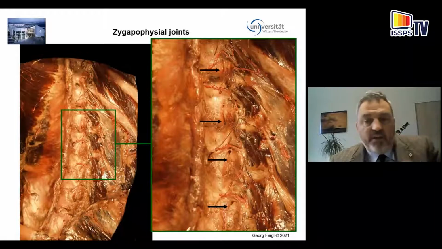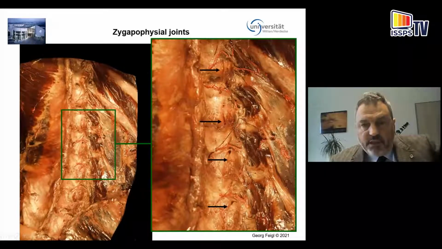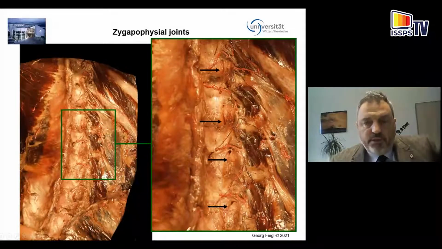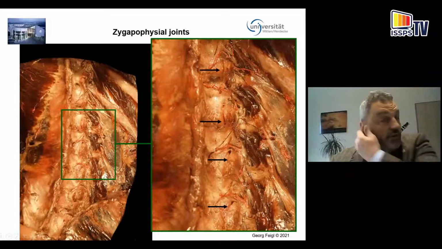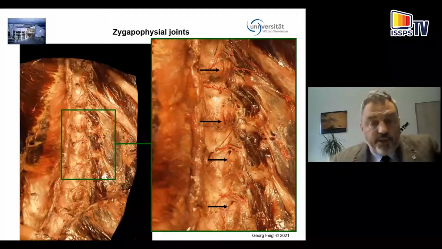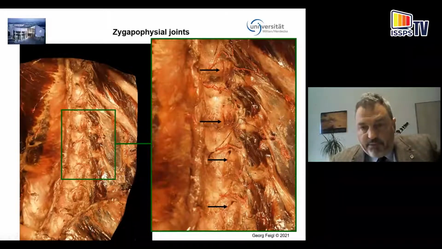And now the medial branches turning around and running medially in this area. And what you can see over here, you see the nerve fibers really quite well, because we cut away the ligament, which is fixing this nerve in its position in between the mammillary process and the accessory process.